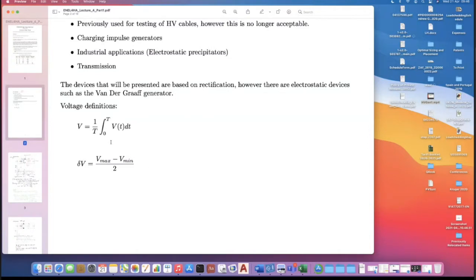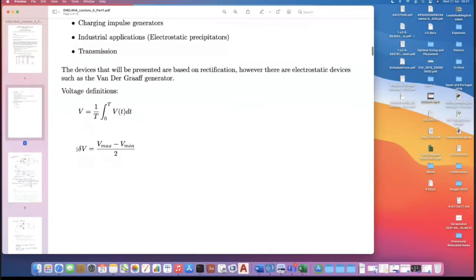There's a couple of voltage definitions. Our DC voltage is defined by the DC voltage over a period of time. And we'll see why a little bit later, that we don't always get a smooth DC waveform.